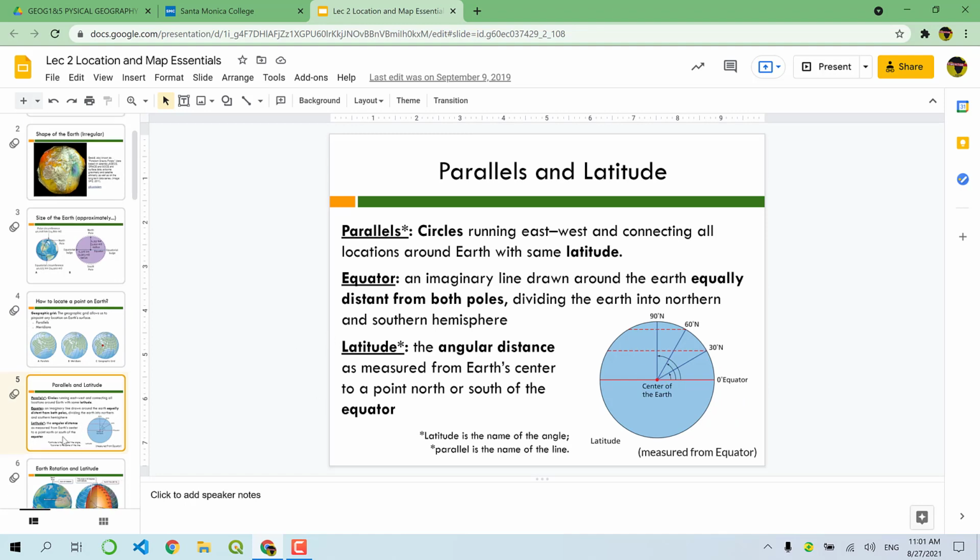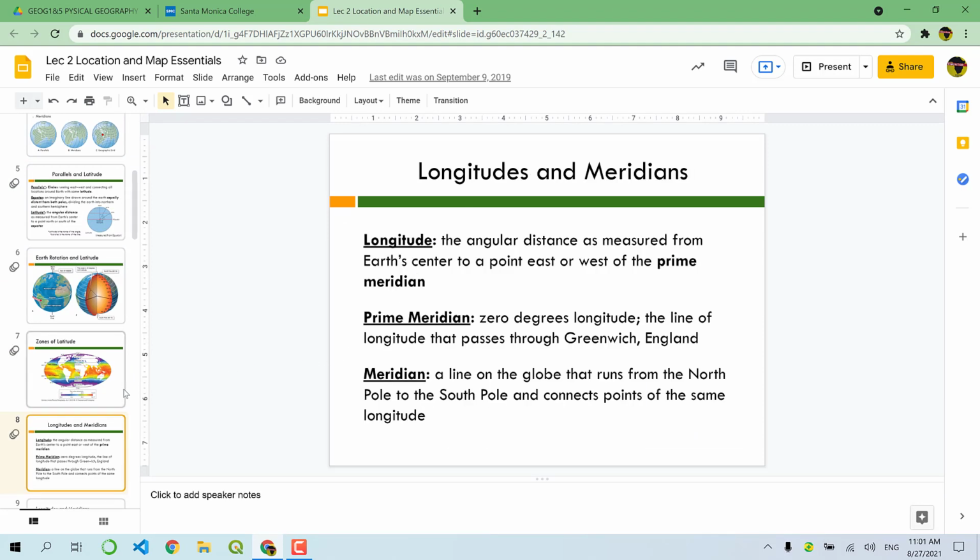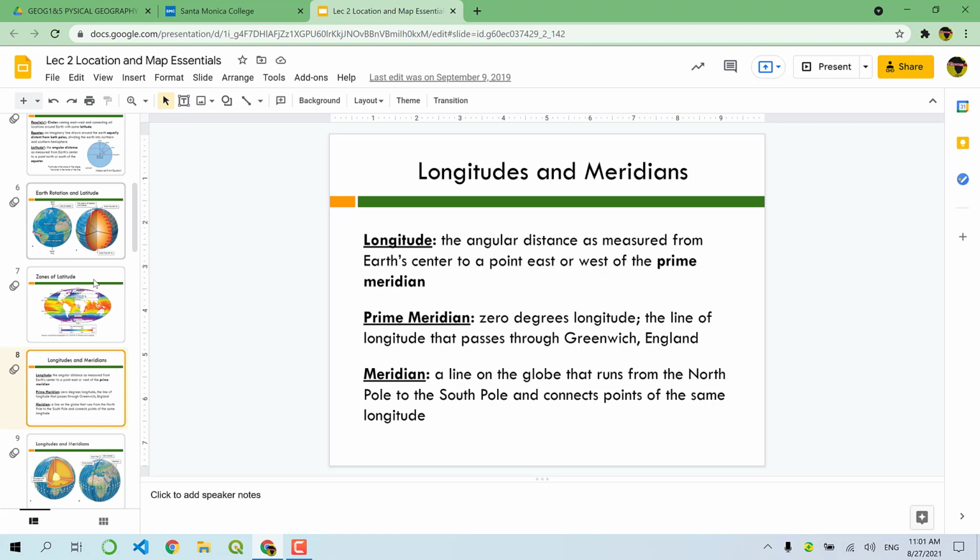Why is it important to study latitude? Because of temperature. Why study longitude? Because of time zones. You will read that in your textbook, but because it's simple, I leave that for you.